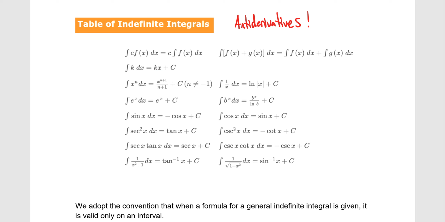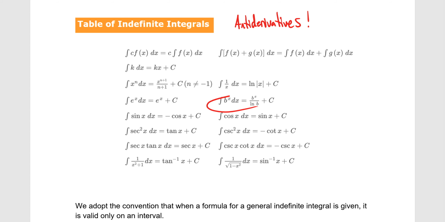If you're doing the integral of a power function, x to some number n, then you add 1 to the exponent and divide by that new exponent. However, n cannot be -1. If n is -1, that would result in the integral of 1 over x, which we know is the ln of |x| plus c. We know that the integral of e to the x is just e to the x.